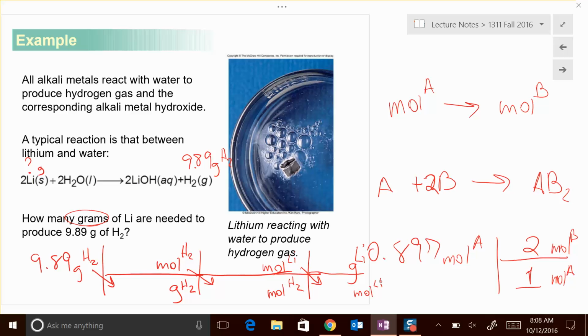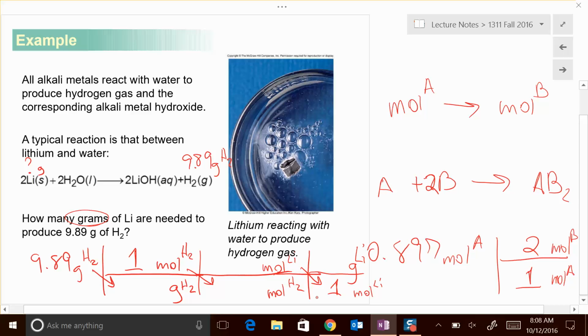Whenever I have a gram to mole conversion, the moles are always 1. This is a big point of confusion. A lot of people look here and see that there's a coefficient. Here it's not a big deal because the coefficient is 1 anyways. But let's take lithium. Gram to mole conversion, moles are always 1.